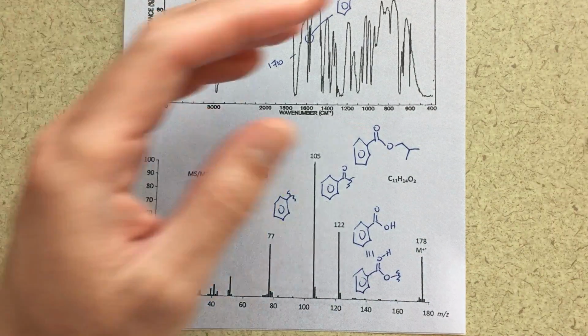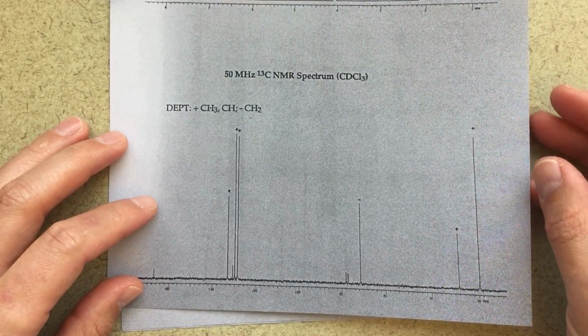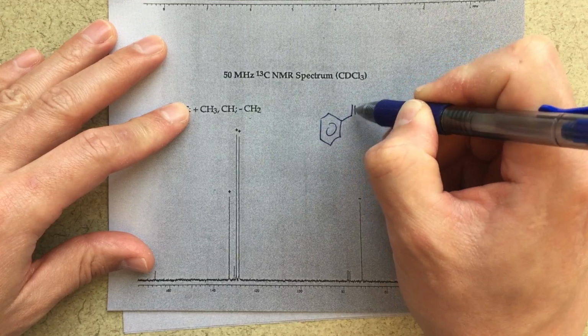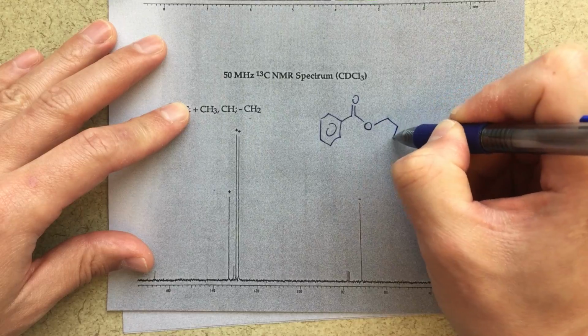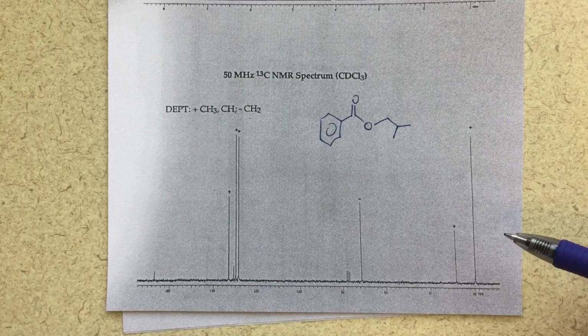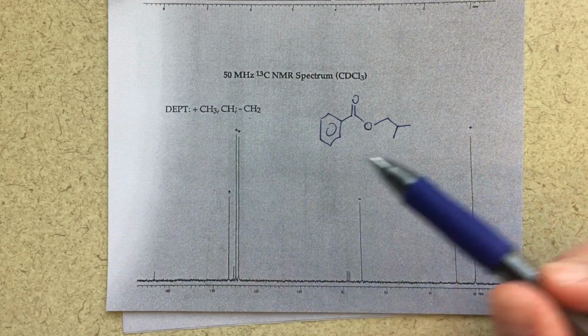Now the last thing, I know this is a long video, but got to cover all the bases, is our DEPT. Our DEPT is going to tell us about our carbons. This is a carbon NMR, and the things that have pluses are CH3s or CHs.